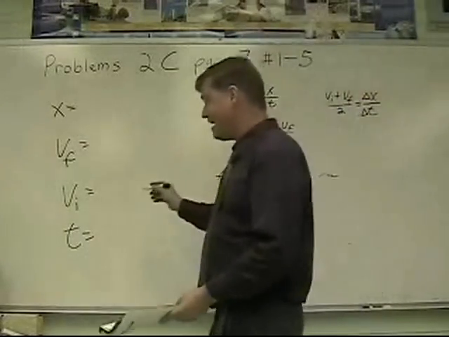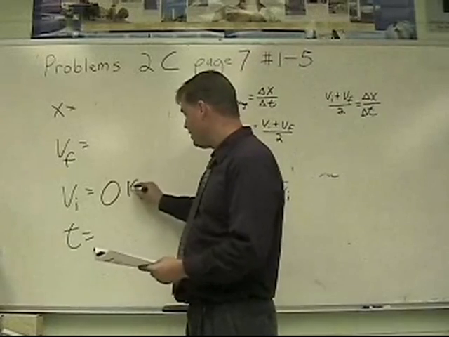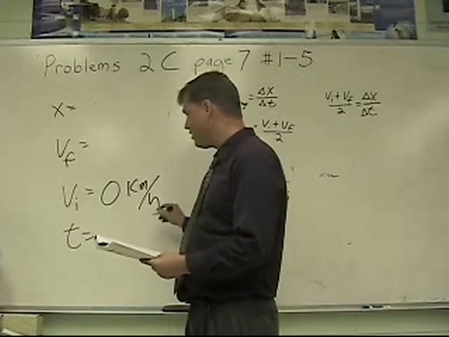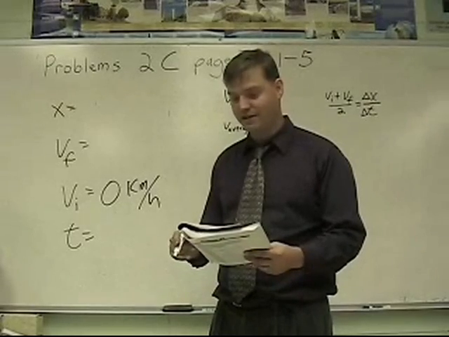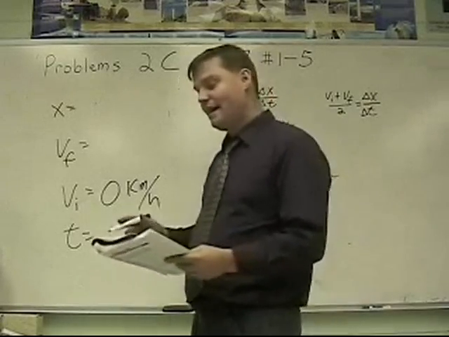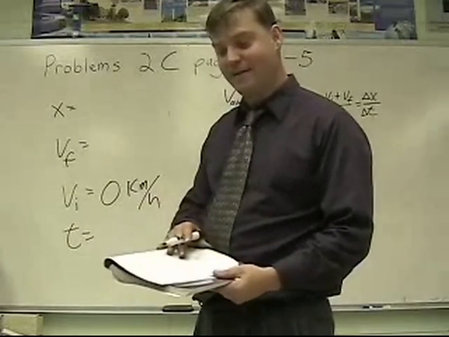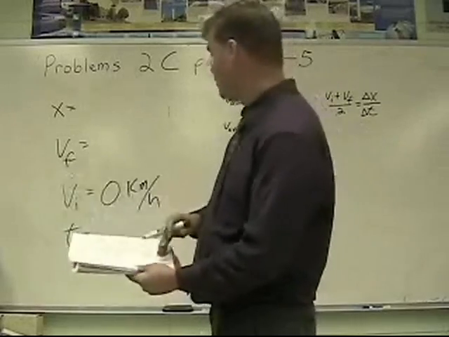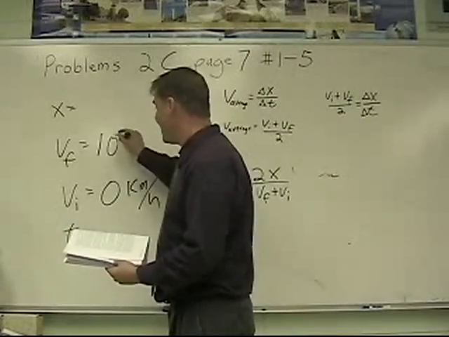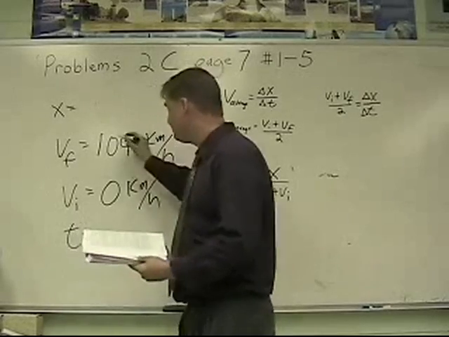Our initial velocity, to be sure though, will be 0 kilometers per hour because it's starting from rest. The maximum speed it's going to reach is 1.09 times 10 to the third kilometers per hour, which once again is just a fancy name for 1,090 kilometers per hour.